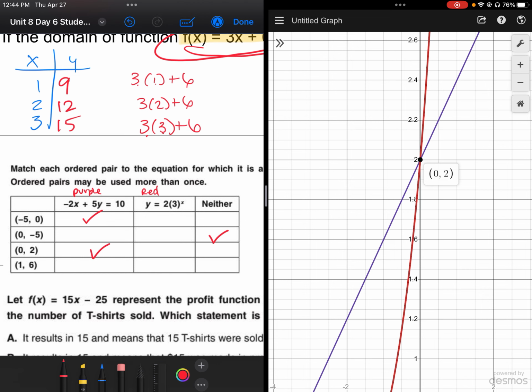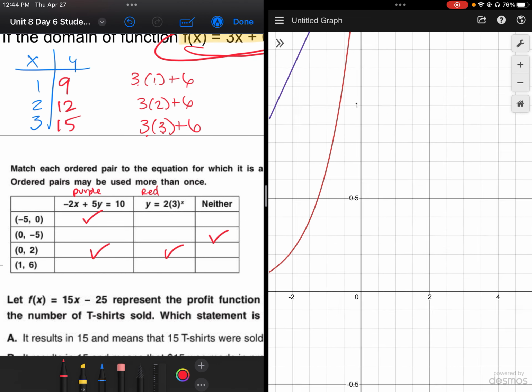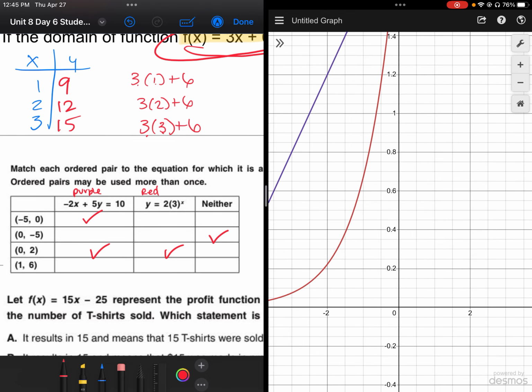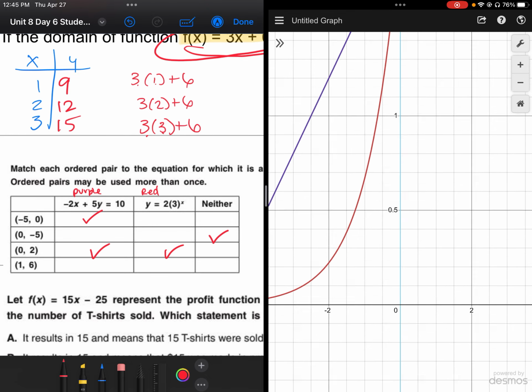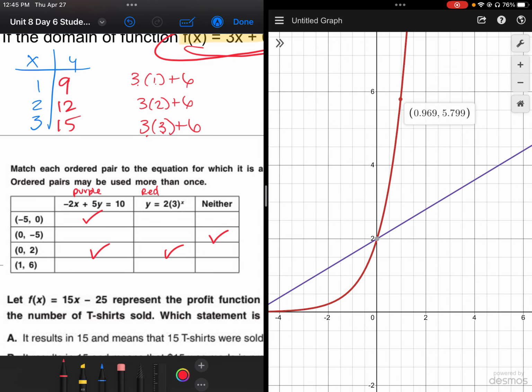Both of them. Okay. And 1, 6. Right 1, up 6. So right 1, and then up to 6. Let's see. All right, we're on the red function. Right 1, up 6. That's right there on the red, which is my exponential function. So that works there. Perfect.